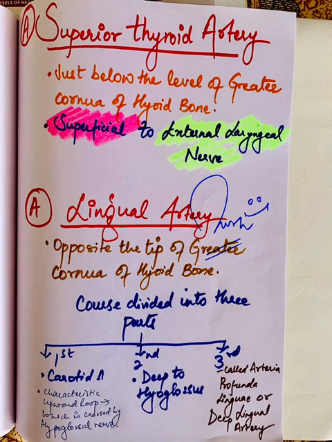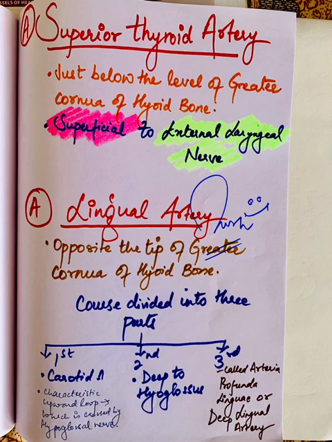Then for lingual artery, it is opposite the tip of the greater cornua of the hyoid bone, and the course is divided into 3 parts. First is your carotid triangle, second, which is very, very important, deep to hyoglossus, and third, it is also known as your arteria profunda linguae or deep lingual artery.